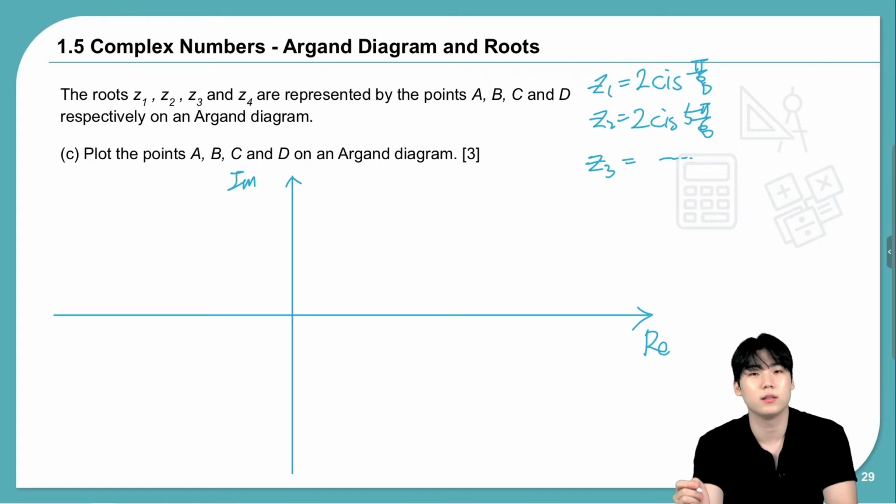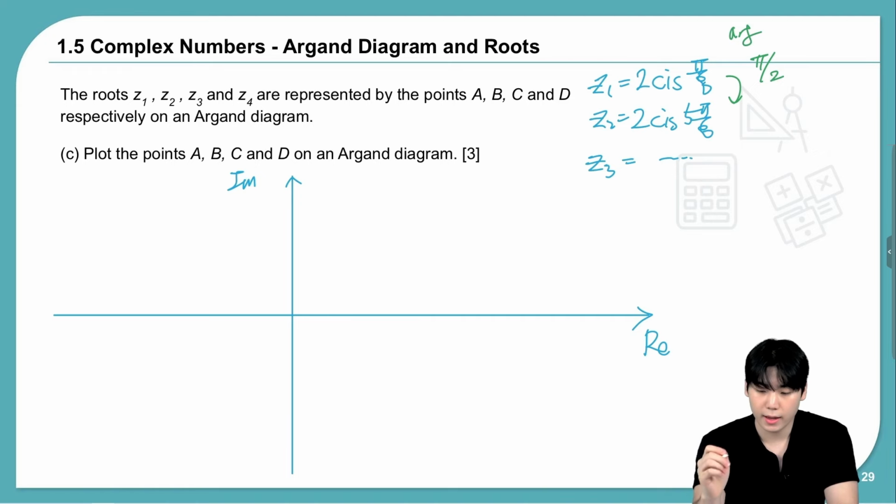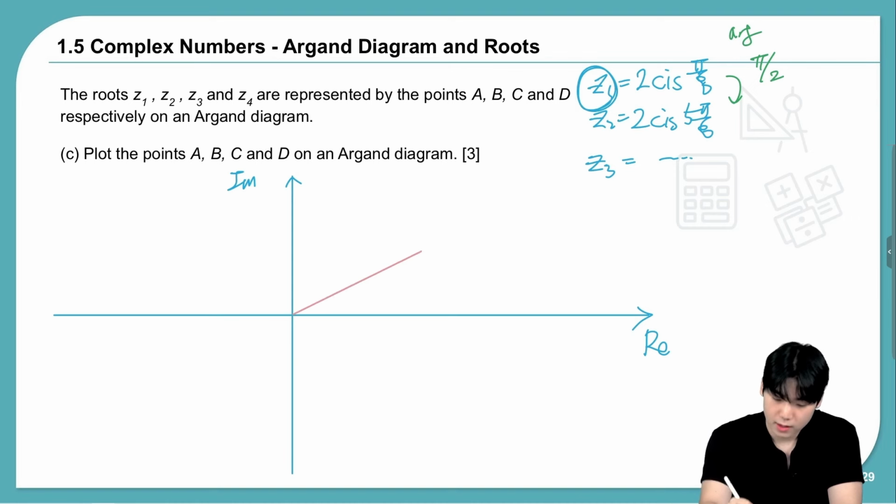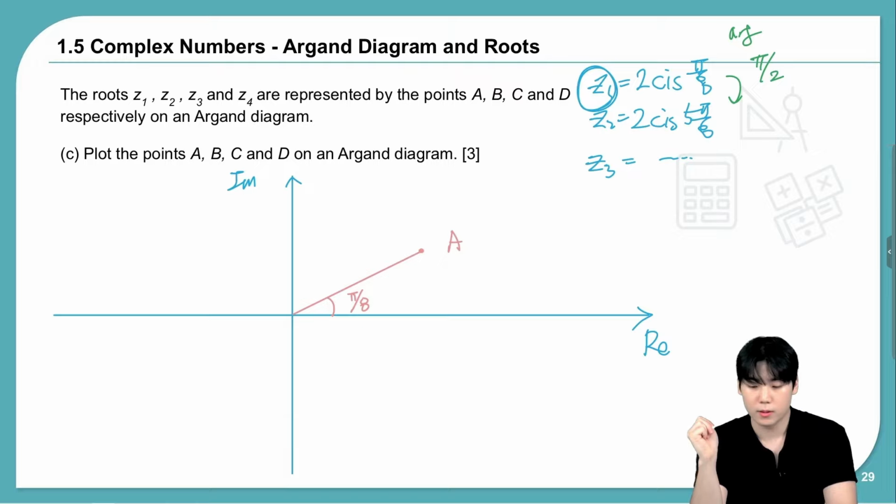We don't really need to know what z3 and z4 are. Why? Because they have a difference in the argument of pi over 2, right? And we just need one point, z1. Why? Because once I pinpoint z1, let that be pi over 8, and I will call this A, okay?